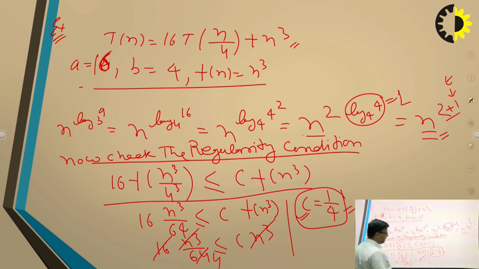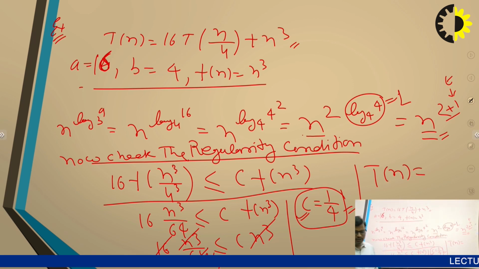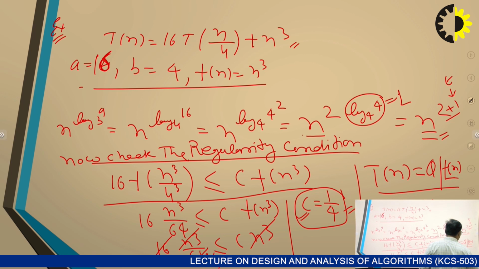And what is case 3? T(n) is equal to theta f(n). T(n) equals theta f(n), which means theta n cube.